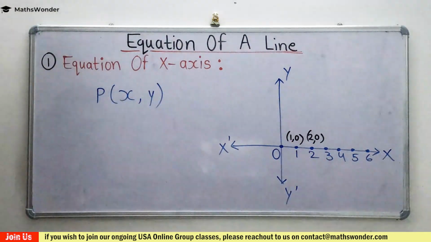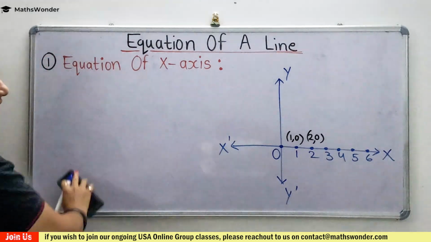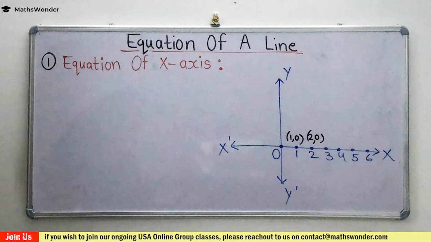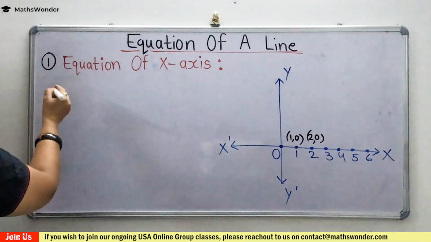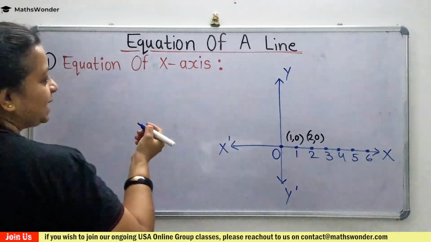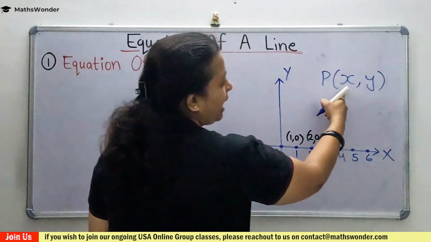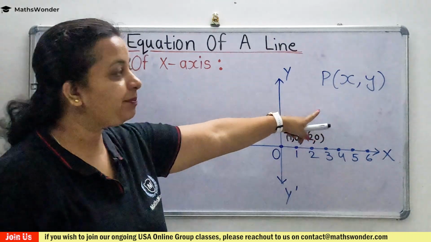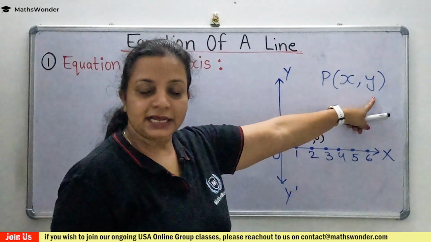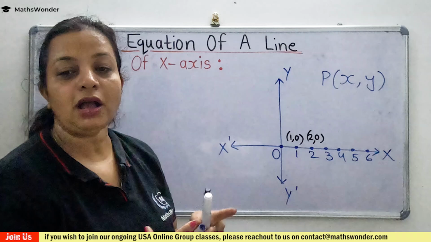That means the conclusion is... should I write the definition also? Yes, please. Okay, write down. So we know that the ordinate of each point. See, as you know, P(x, y): if we write it as P(x, y), x is called the abscissa and y is called the ordinate. And when we write them together, we call it a coordinate.